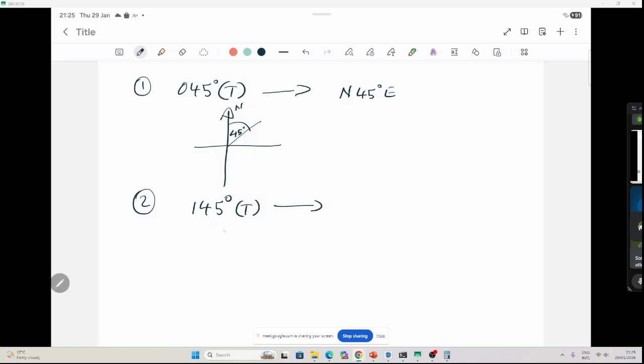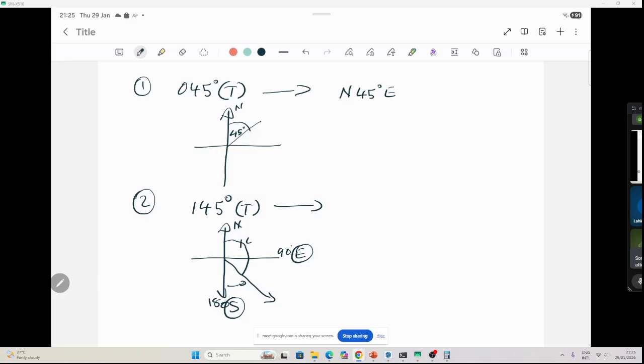So what you have to do, you first draw it. This is north, and 145 is somewhere here. This is 90, this is 180, and 145 is somewhere here. So you can see the closest is south and the other side is east. And this angle is how much?